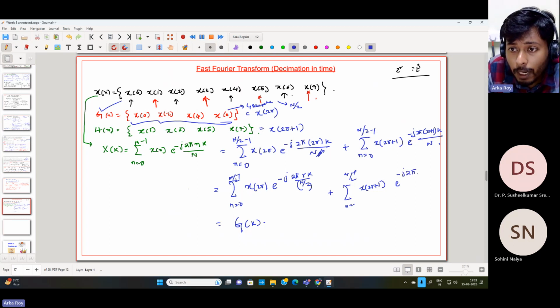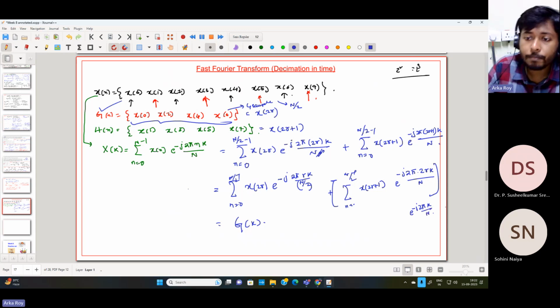So it would be 2 pi, then 2r, then k by n, and I can take one of the factors out. So that would be e to the power minus j 2 pi k by n.